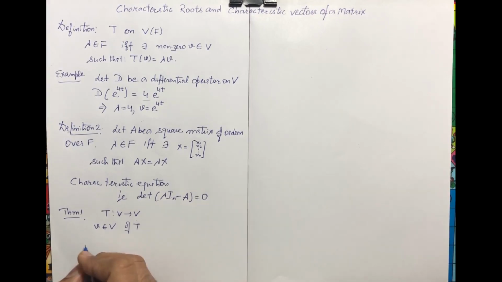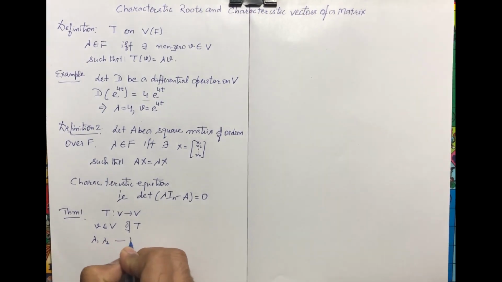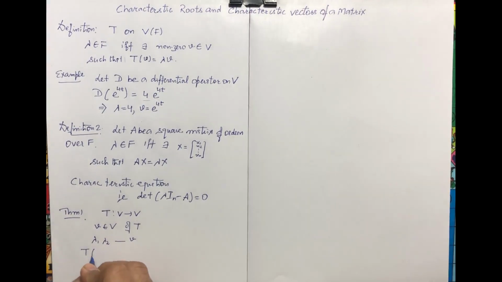So we start by assuming there are two eigenvalues associated with this eigenvector, that implies T(v) = lambda 1 v and T(v) = lambda 2 v.